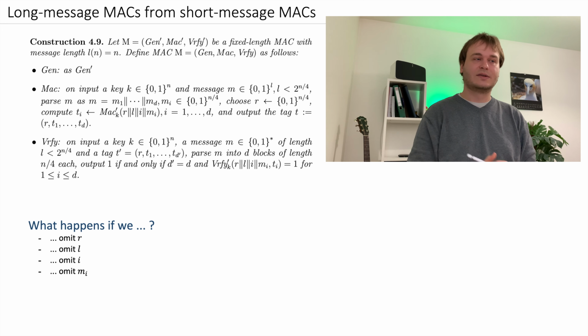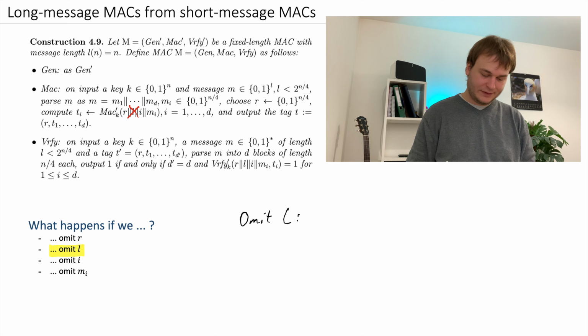So let's start with what happens if we omit the L from this construction. So imagine we don't add the L into this MAC here. And now my question is, can you attack the resulting MAC? Okay, this attack is actually not too difficult.